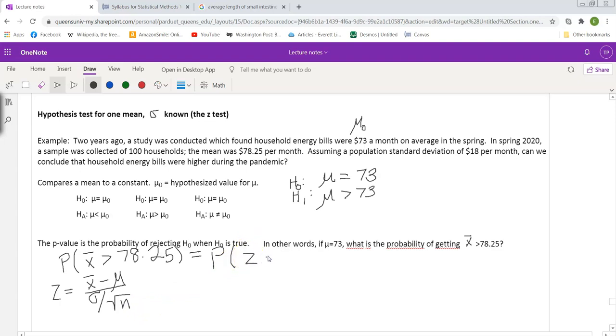So when we do this, this gives us the probability that z is greater than x bar, which in this case is 78.25, minus the hypothesized value, which was 73, over sigma, which in this problem was $18 per month, over the square root of the sample size, which was 100.